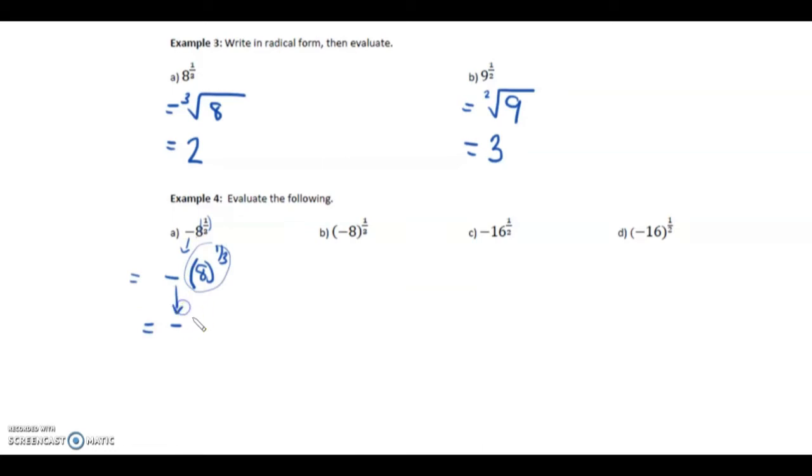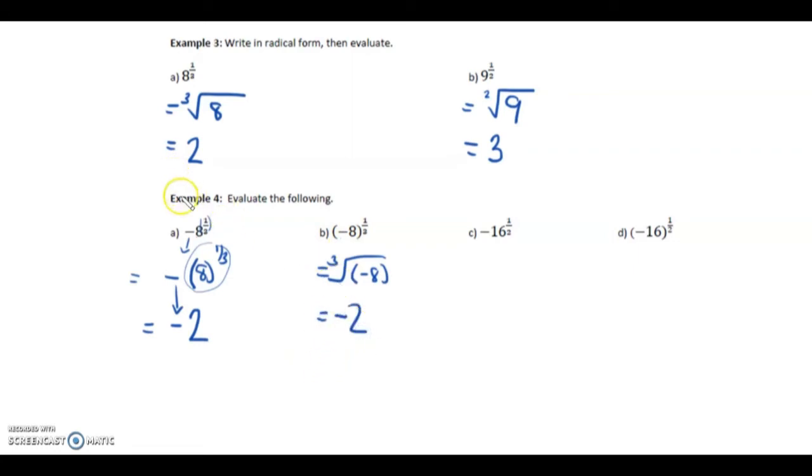So again, you bring down the negative sign, and then you write 2. Okay, so these are going to actually be equivalent, because the cube root of negative 8, if you want me to rewrite this, the cube root like that, okay, this is also negative 2.